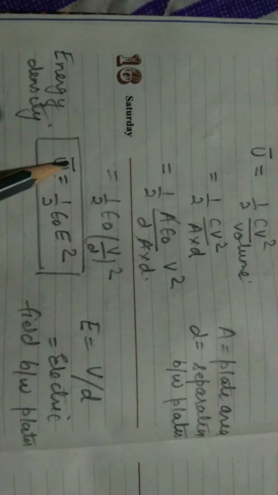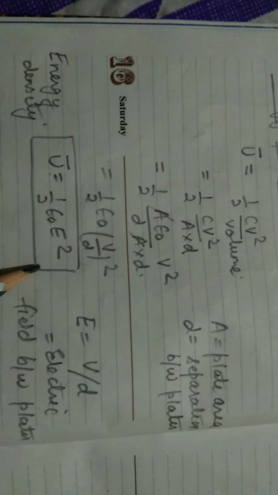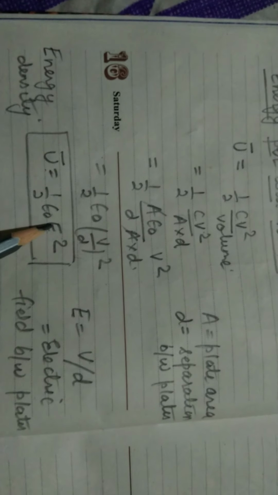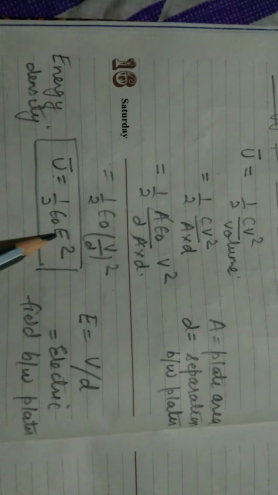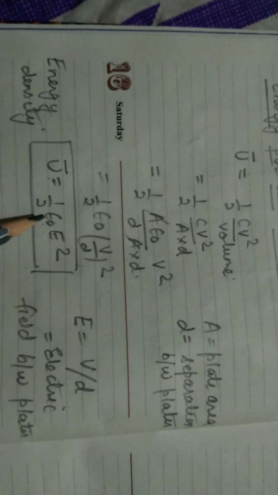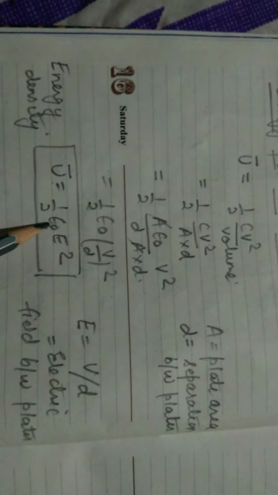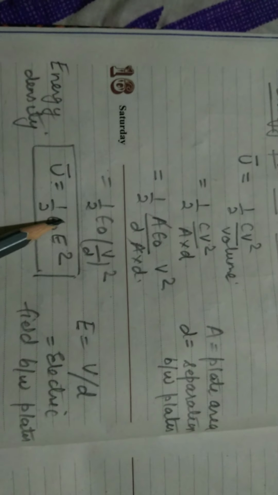So this is the formula for energy density inside a charged capacitor when the electric field between the plates is E. Epsilon naught is the permittivity of free space. Free space means air, vacuum. So this is the formula for energy density.